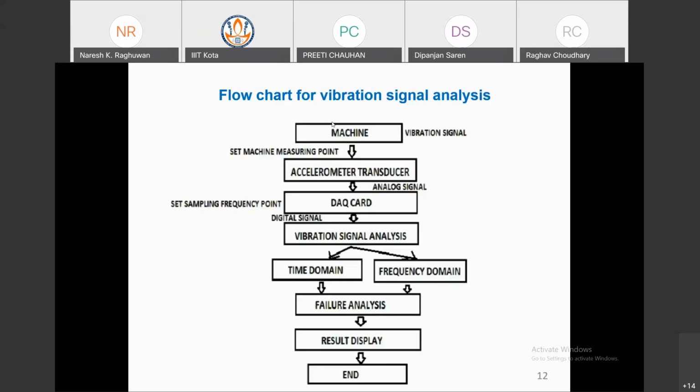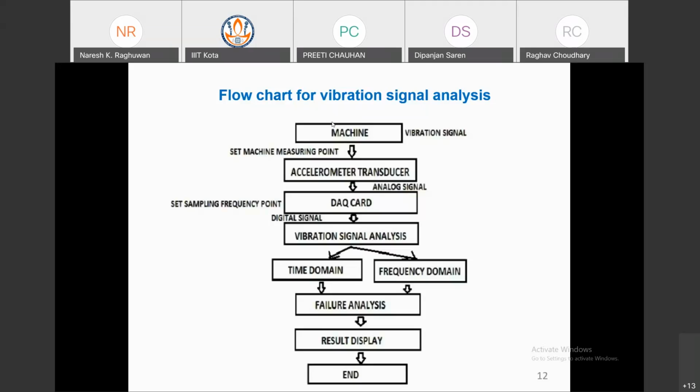Some sampling frequency will be required for this purpose, for how you are sampling the signals. Some Nyquist theorem will be used. The sampling frequency should be two times the maximum frequency of the analog signal, so that some aliasing problems will not be there when we go back to the analog signal.